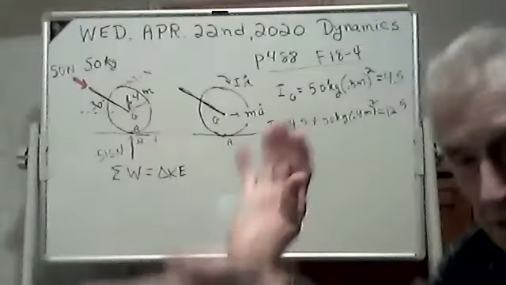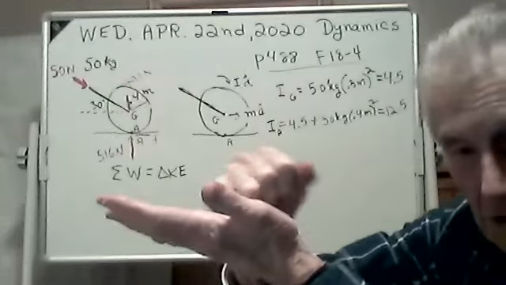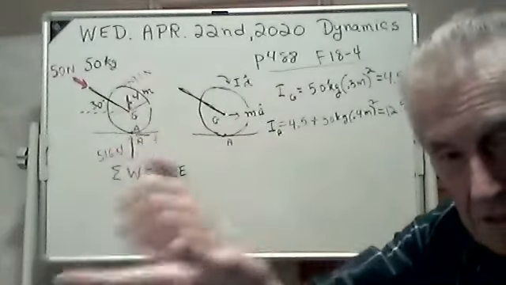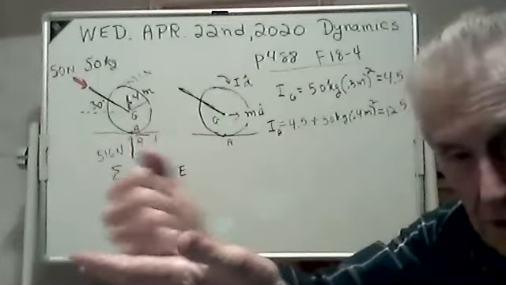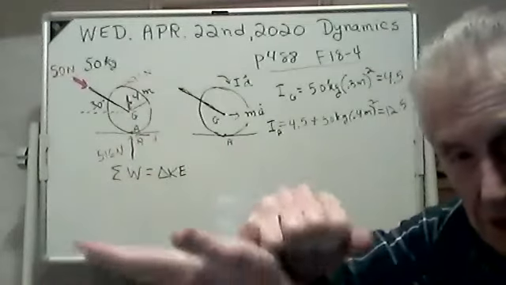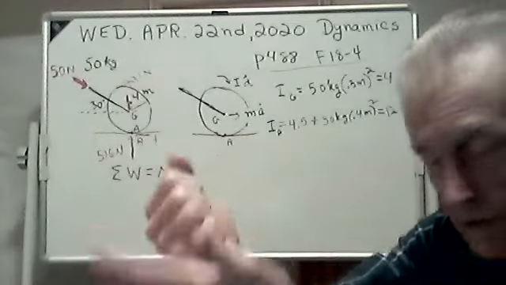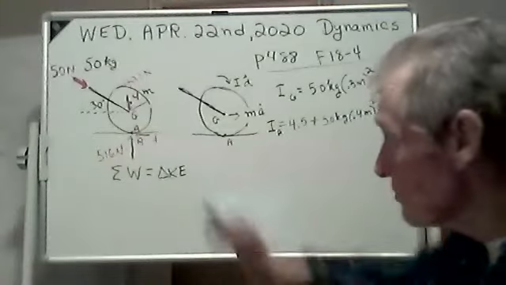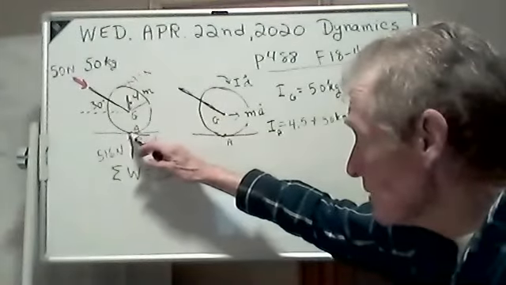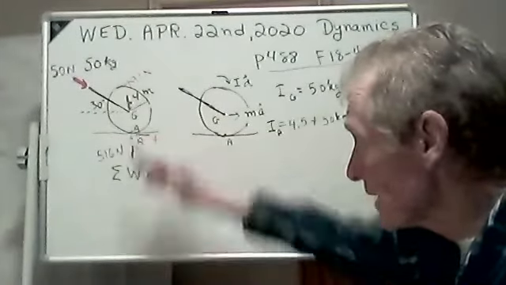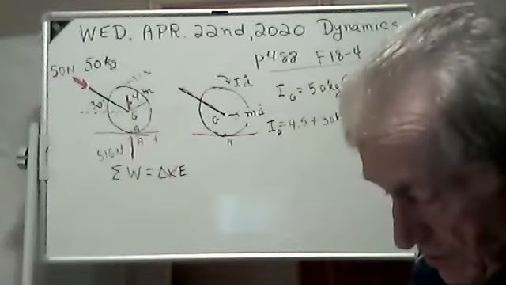That wheel is rolling. It's not moving relative to the surface. There is no motion of the wheel relative to the surface at that instantaneous center of zero velocity.